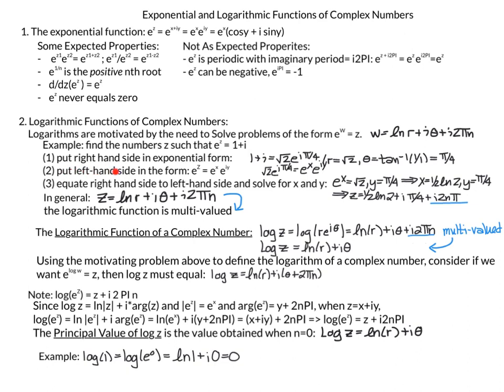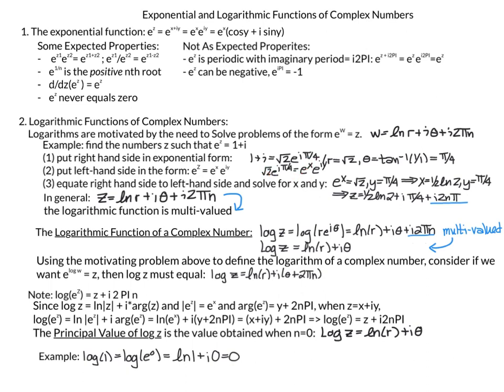The second step was to put the left-hand side in the form e to the x, e to the iy. So this is our left-hand side, and the right-hand side is equal to e to the x, e to the iy, and now we can equate the left-hand side to the right-hand side. What we note is that square root of 2 and e to the x are the real parts, since x is a real number.